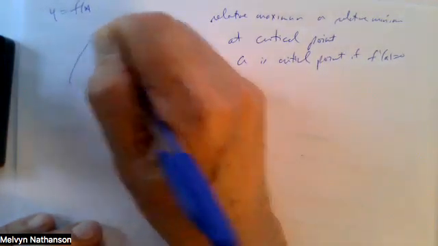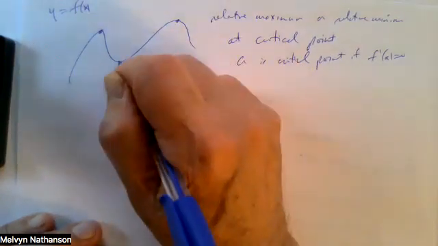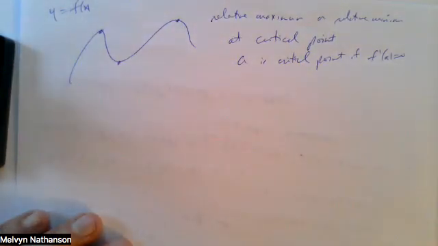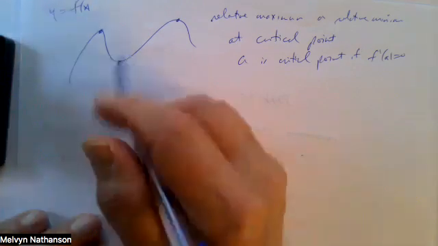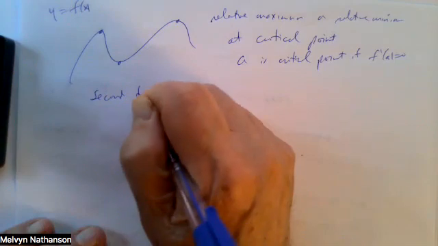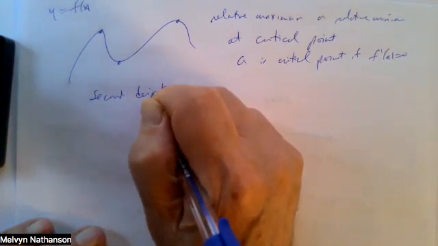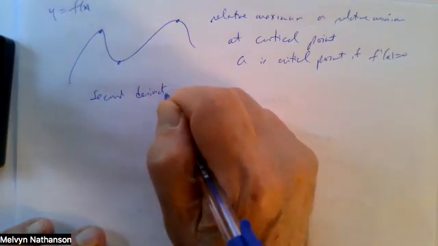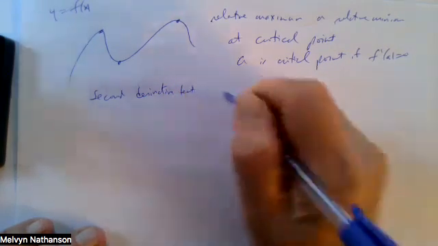Now, this is a local maximum, this is a local maximum, this is a local minimum. At those points, the derivative of the function is 0, but how do you tell whether you have a maximum or a minimum when you're at a critical point? For that, I hope you remember, there was the second derivative test.